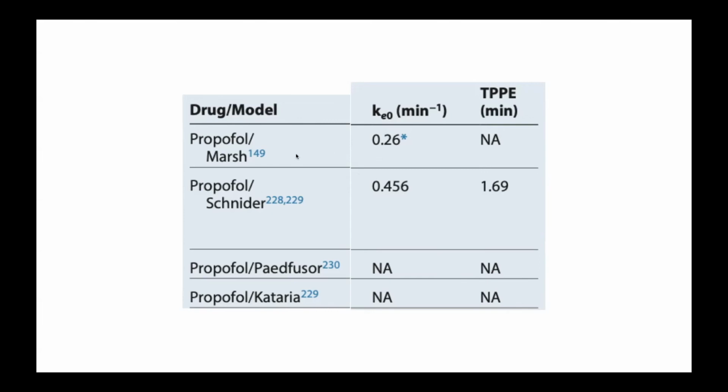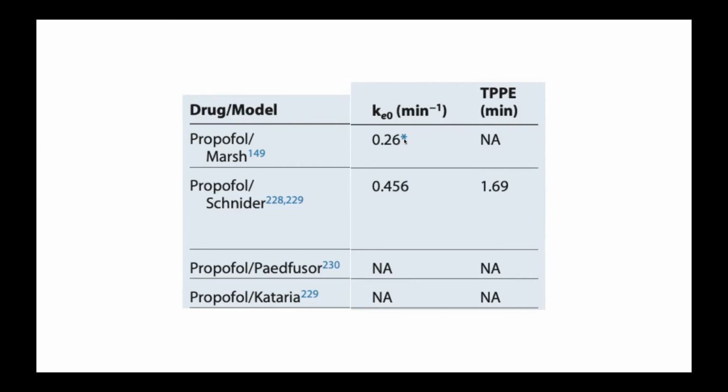Now, the propofol model has a KO of 0.26, and you can see that it's a lot smaller than the Schneider model, because the Marsh model was never designed for effect site targeting. And we know that with a smaller KO, it means that it will have a longer time to equilibration or a longer time to peak effect.